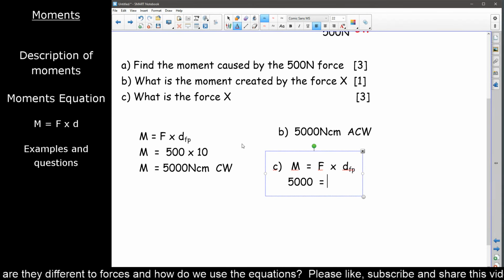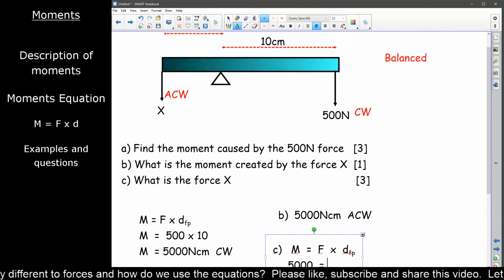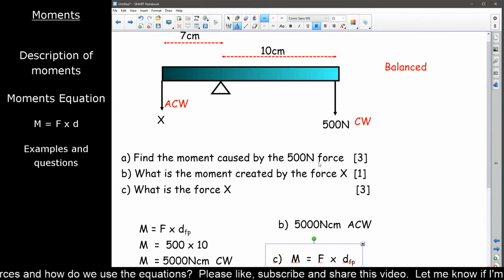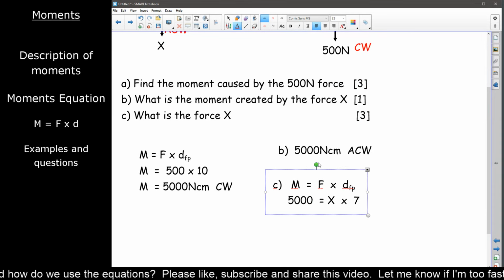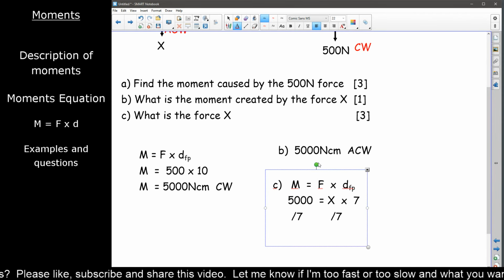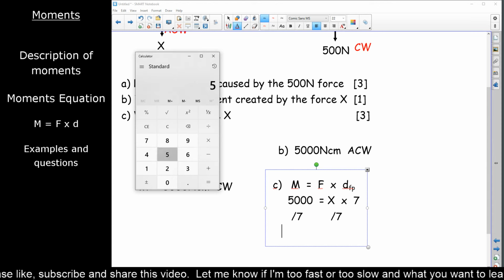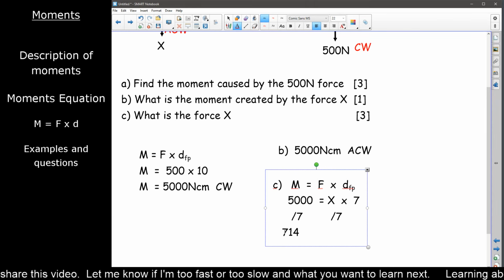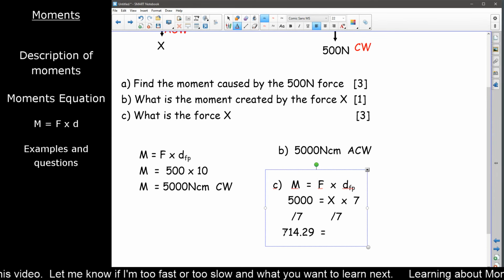And that is equal to the force, which is X, times the distance from the pivot, which is 7. We don't want X times 7, we just want X, so we divide by 7 on both sides. Divide by 7, divide by 7. Gives me, calculator back out, 5,000 divided by 7, 714.29. 714.29 equals X. Big X.